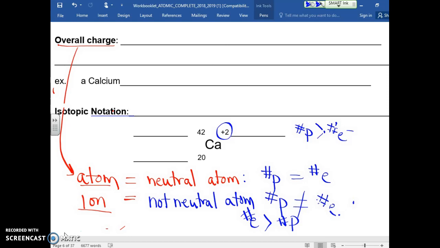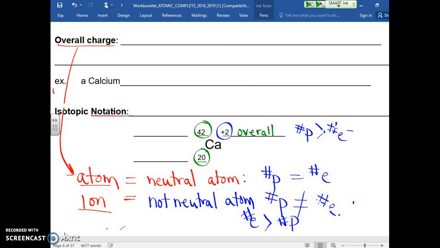The last piece of information is isotopic notation. And this is just a way of symbolizing the three main atomic quantities in a very efficient way. So instead of spelling this out, instead of saying calcium, this calcium has a mass of 42, an atomic number of 20, and an overall charge of positive 2, I place the mass in the upper left-hand corner, I put the atomic number in the lower left-hand corner, and I put the overall charge in the upper right-hand corner.